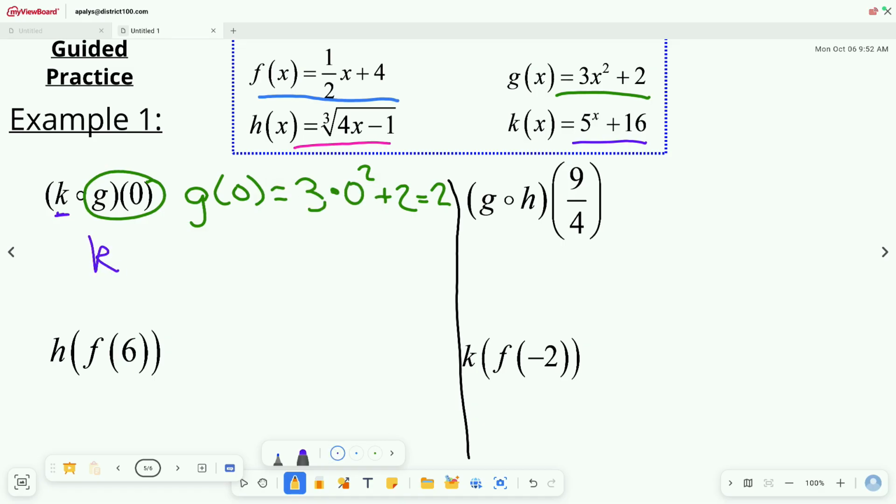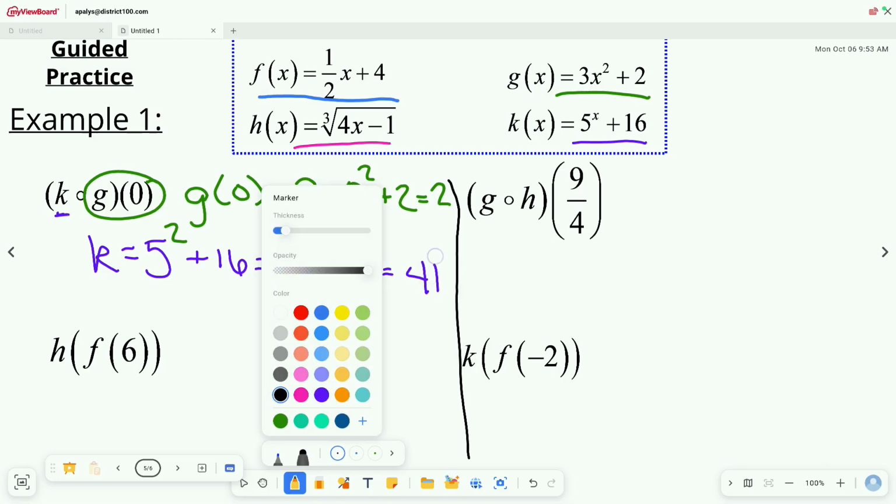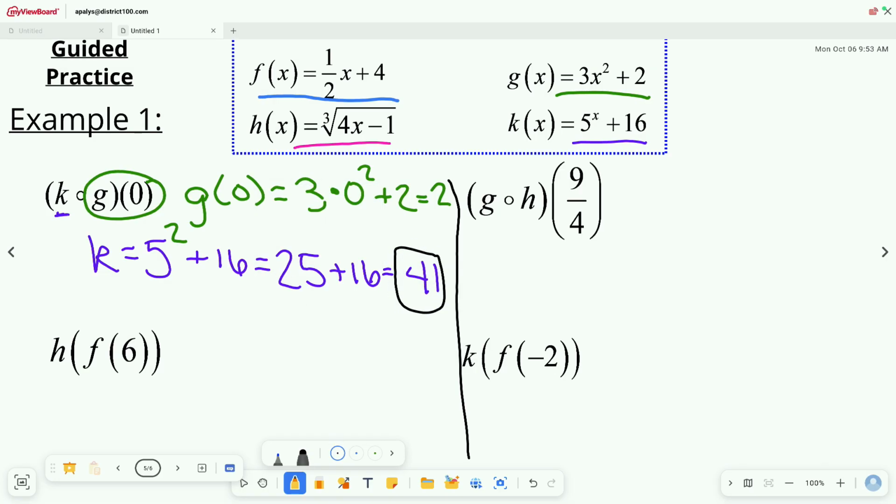So the k function is 5x squared plus 16, and x is the g of 0, so 5 times 2 squared plus 16. Zach, what's 5 times 4? 20. Hmm, and what's 20 plus 16? It is 36. So we put the number value for the x into the g function, and then got that answer and put it into the k function.